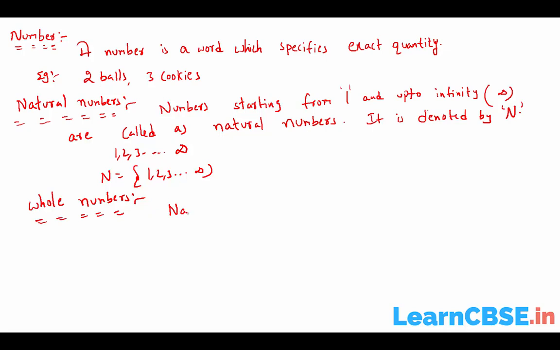Whole numbers. Natural numbers along with 0 are called whole numbers.